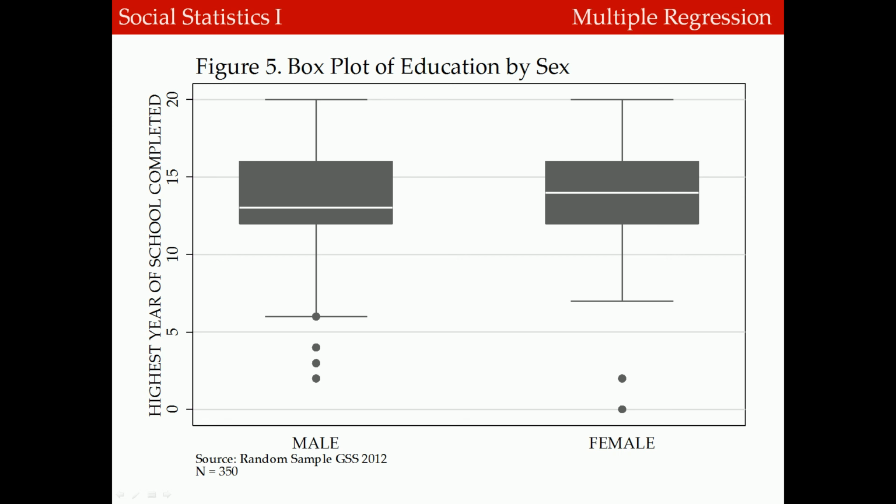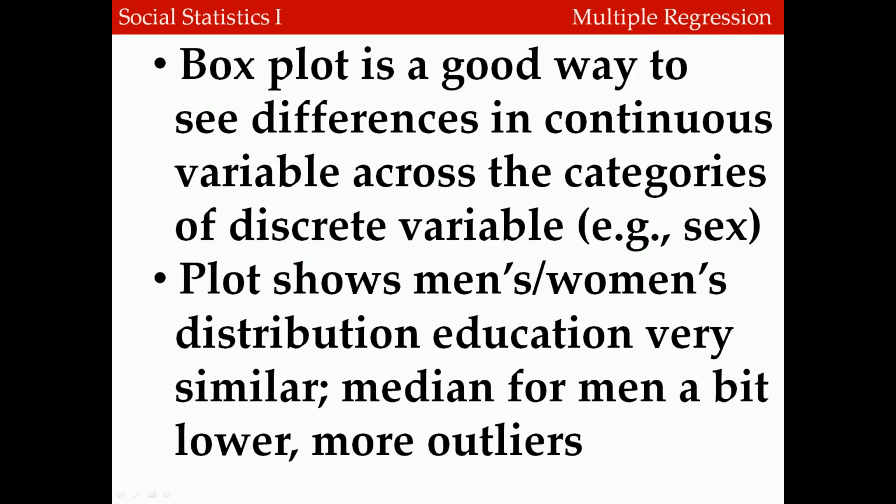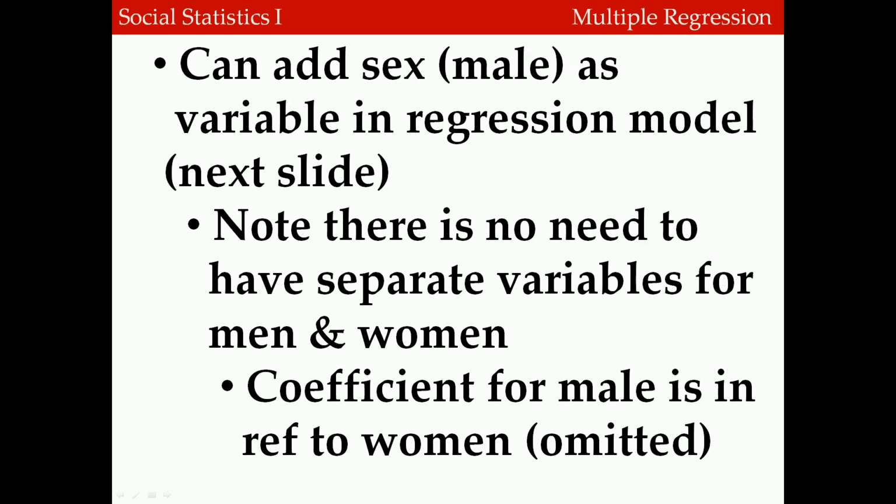We can also see that the minimum for women is a little bit lower than for men, although the values of the minimum for women are largely outliers. In general, the two plots look very much alike. There are only minor differences: a slightly lower median for men and a bit lower value at the minimum for women, which is an outlier in this case.